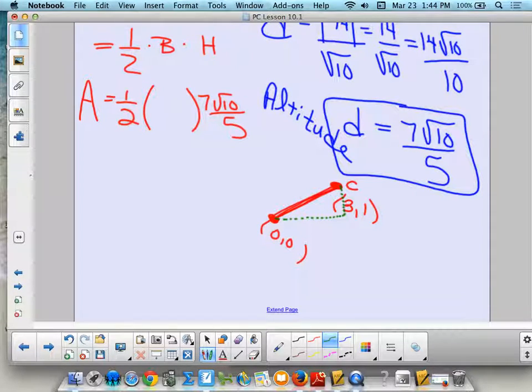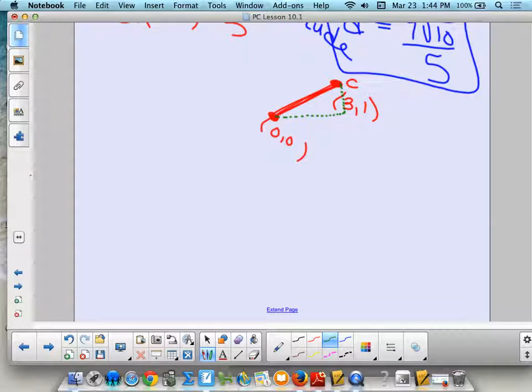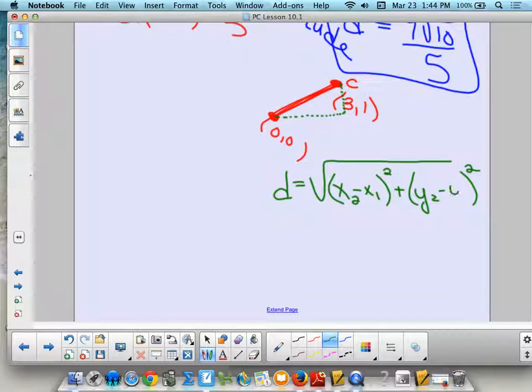The distance formula, in case you forgot, is the square root of, these are just things you might want to write down, x2 minus x1, y2 minus y1. So the difference in the x's squared plus the difference in the y's squared, take the square root of it.